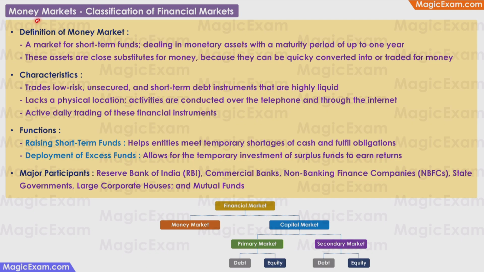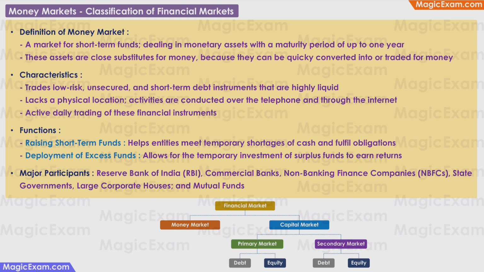Let us talk about money markets in a little more detail. Money market is a market for short-term funds. It deals with monetary assets or financial securities with a maturity period of up to 1 year. These assets are close substitutes for money because they can be quickly converted or traded for money and can be converted into cash.